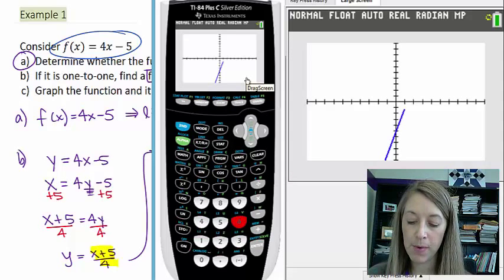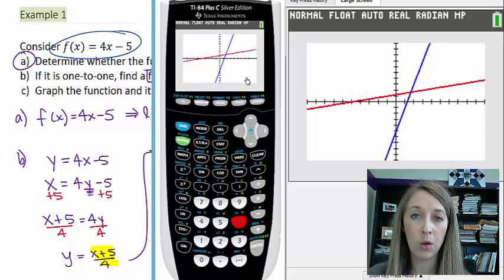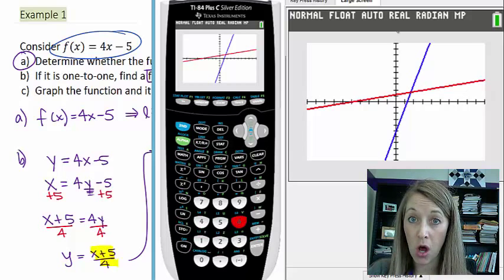So again, the blue is my original equation. The red is my inverse equation. If I were to fold them over the line y equals x, do they match? This might be a little bit more difficult to see than when I have it by hand, because my rectangular window is not perfectly square. It's wider than it is tall.